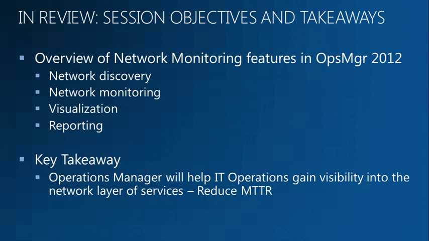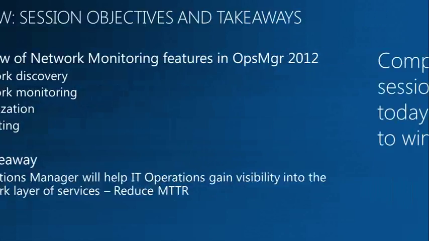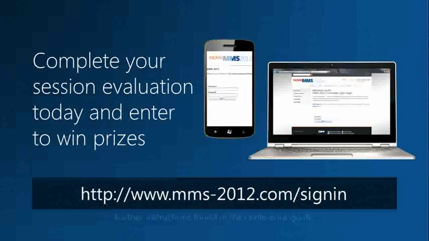So just to recap, I hope you all saw today how Operations Manager will allow IT Ops to get that visibility into their network layer of services, and with that information, how they'll be able to communicate that to their network team or have the right amount of information to understand how your network devices impact your services and applications.